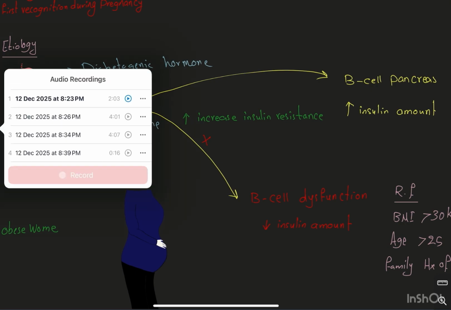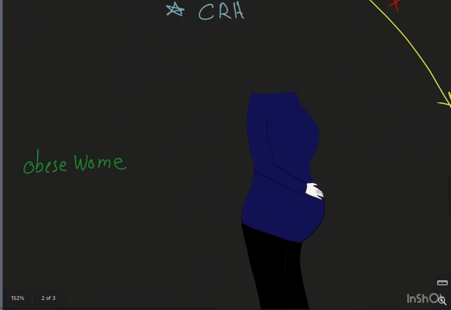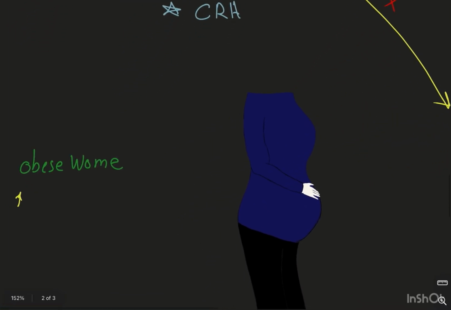What I mean by signaling is that when insulin binds to its receptor on the muscle cell, it moves GLUT4 into the membrane, which allows glucose to enter this cell.